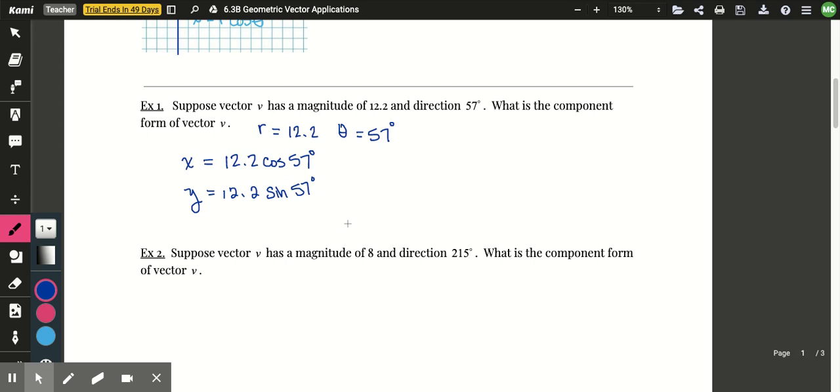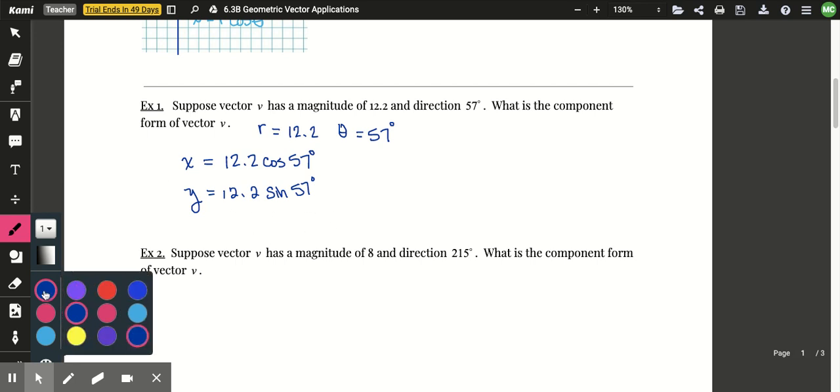And I did not have my calculator ready, so I'm going to do that right now. Okay, so I'm putting in 12.2 cosine 57.